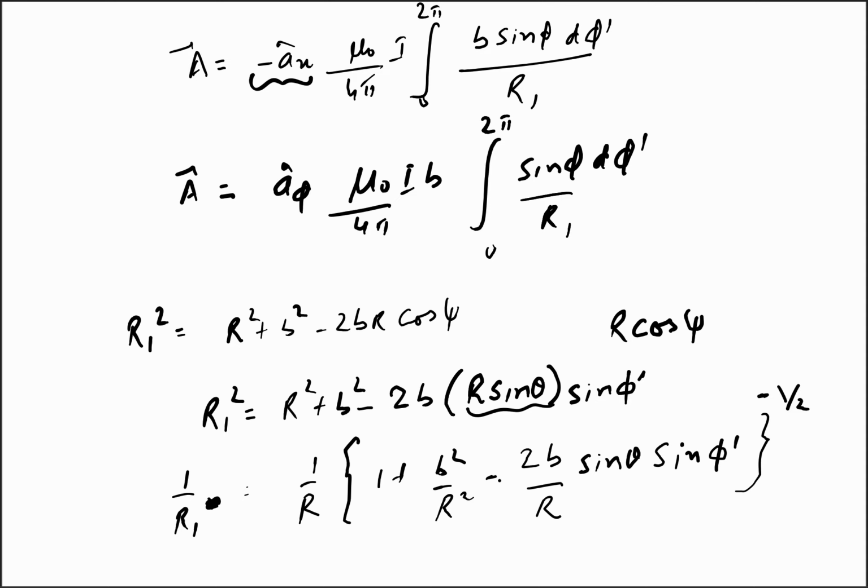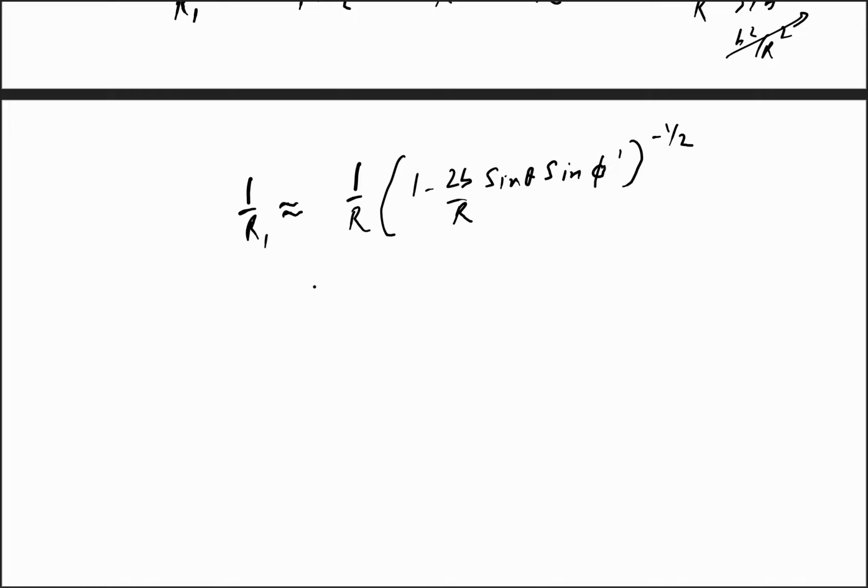Now since r square is greater than b square, this b square by r square can be neglected in comparison to the others. So 1 by r1 is approximately equal to 1 by r times 1 minus 2b by r sine theta sine phi dash raised to power minus 1 by 2, or by further expansion it will be 1 plus b by r sine theta sine phi dash.